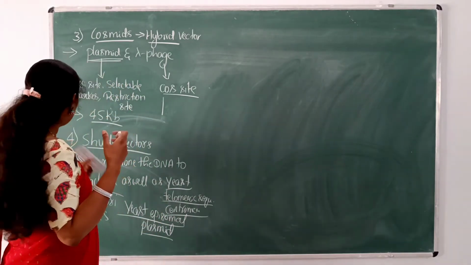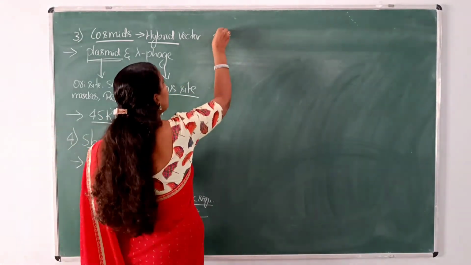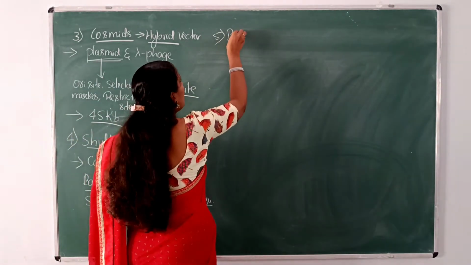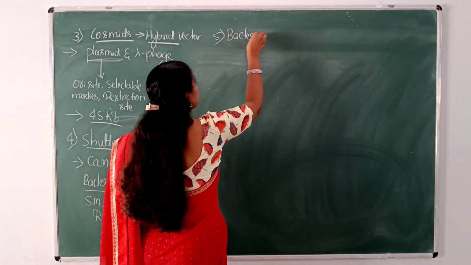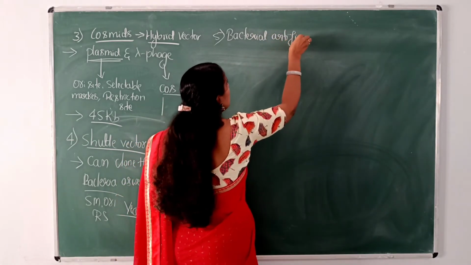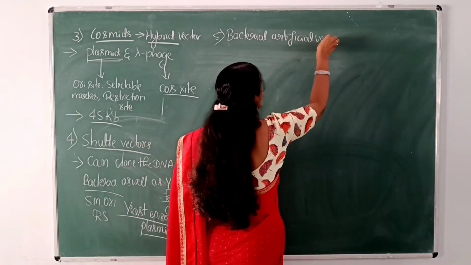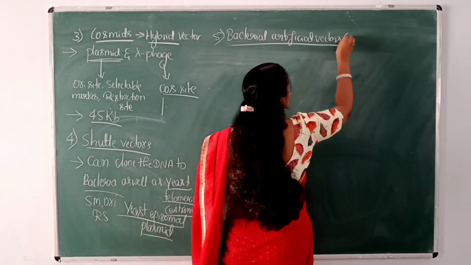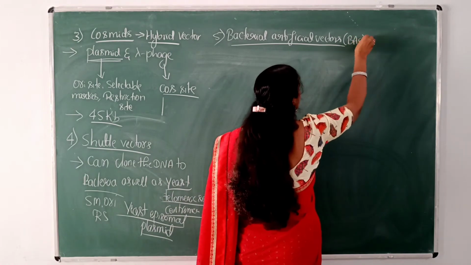Then the fifth type of vector available is the bacterial artificial chromosomes. These vectors are popularly known as BAC.